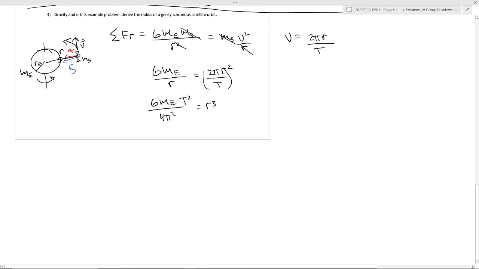So since we're looking for r, r would then equal the cube root of G M_E, mass of the Earth, times T squared over 4 pi squared. So it's a little bit weird to do cube roots. I tell students, make sure you can figure out how to do that on your calculator should you need to do that in an exam, say. It can be a little bit of a combination of buttons or kind of tricky.